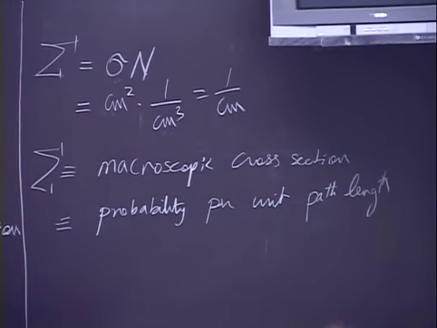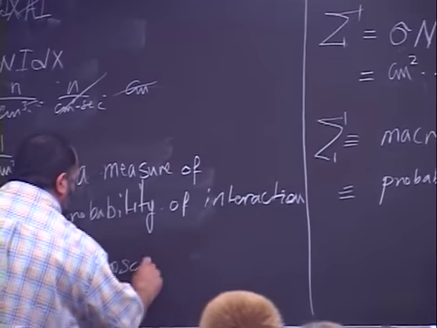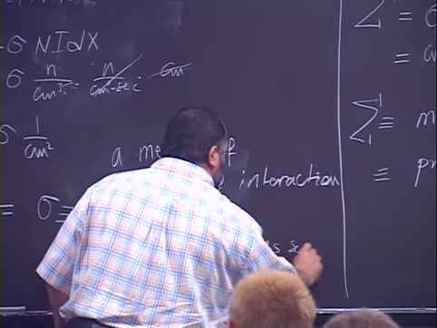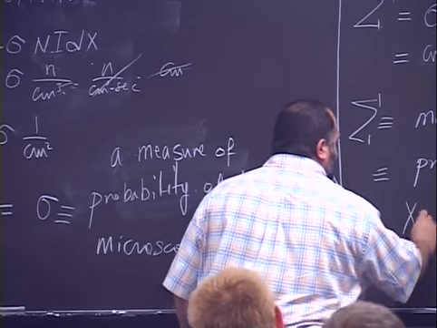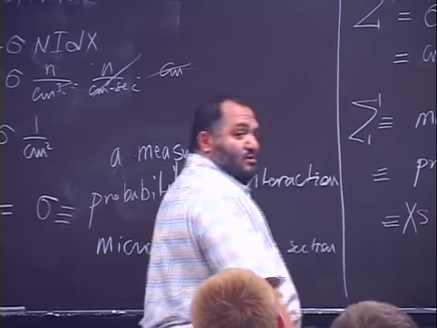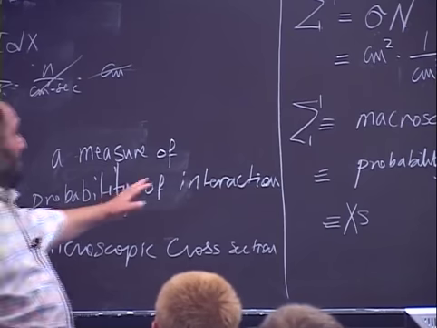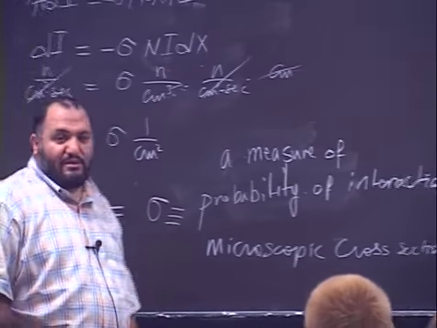So sigma small is called microscopic cross section. Sometimes they call the cross section XS. So this is the relation between macroscopic and microscopic.